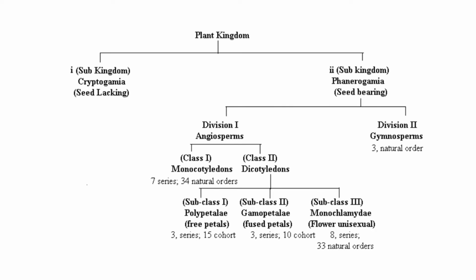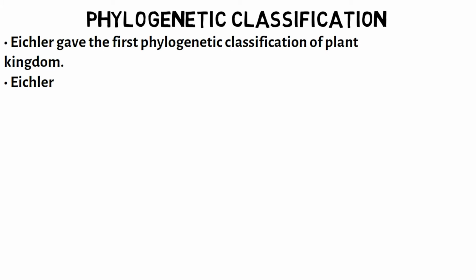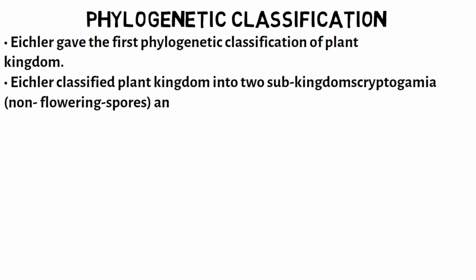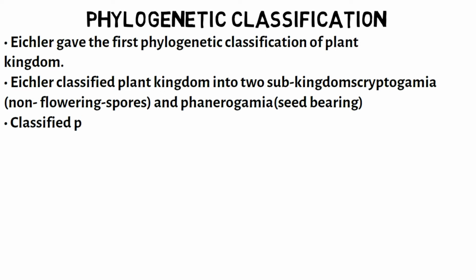Phylogenetic classification. Eichler gave the first phylogenetic classification of the plant kingdom. Eichler classified the plant kingdom into two subkingdoms: Cryptogamia, non-flowering, spore-bearing, and Phanerogamia, seed-bearing.